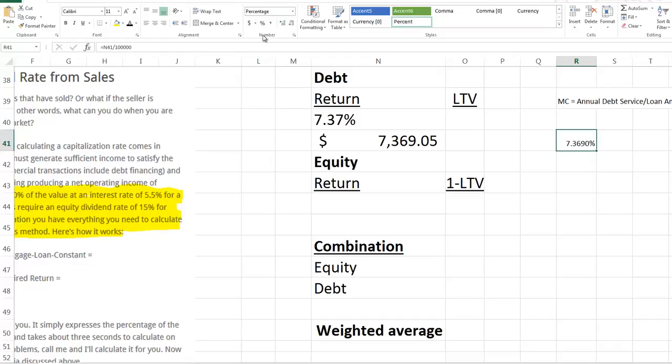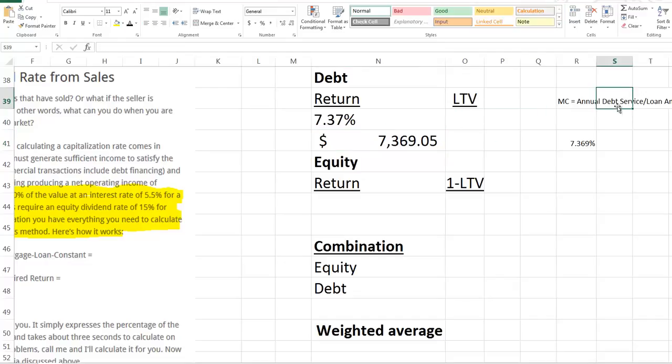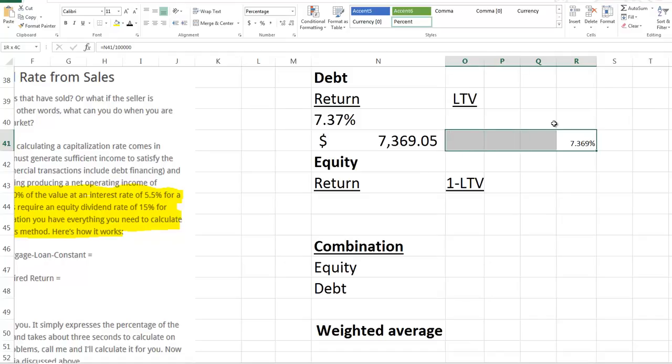What the mortgage constant does is any number times that percentage is going to give you your monthly payment, or in this case your annual payments. Since it's the rate that converts this cash flow as a ratio of that cash flow, in that sense, it's a cap rate for the mortgage. Okay, so that's just a little digression.